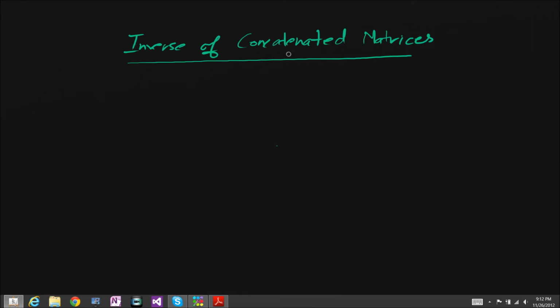Now that I've talked about inverses, there's one thing left, and that's the inverse of concatenated matrices. Like I discussed before, we use concatenated matrices for various things, and they look something like this, where we have n matrices being multiplied together. Let's say we want to find the inverse of this. The inverse of this would be, first we want to reverse concatenate this.